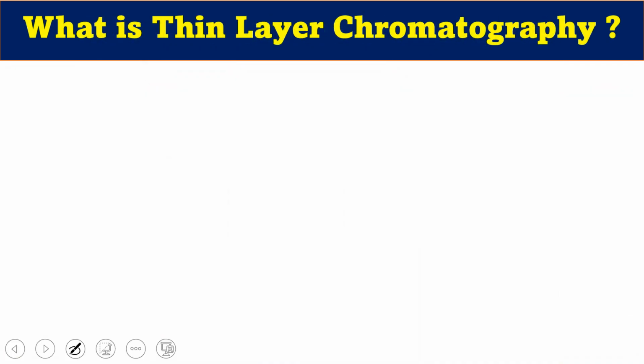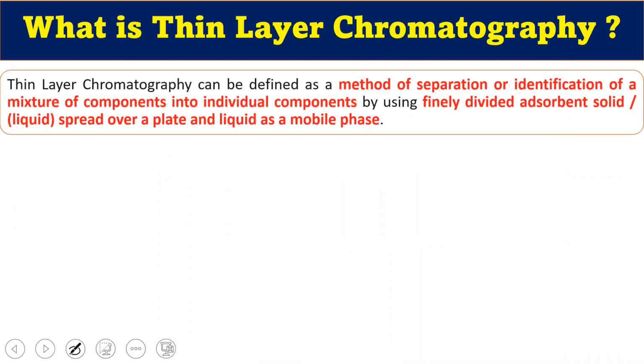Now, what is thin layer chromatography? As its name suggests, it is done on a thin layer, and commonly we call it TLC. TLC can be defined as a method of separation or identification of a mixture of compounds into individual components by using a finely divided adsorbent, solid or liquid, most commonly solid, spread over a supporting plate, with a liquid as the mobile phase.